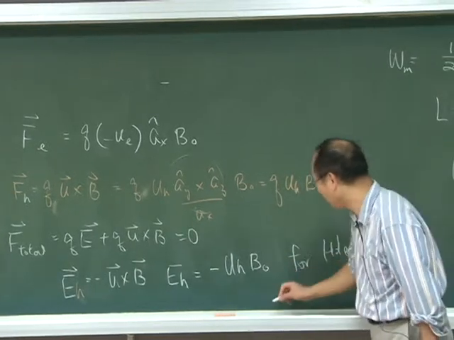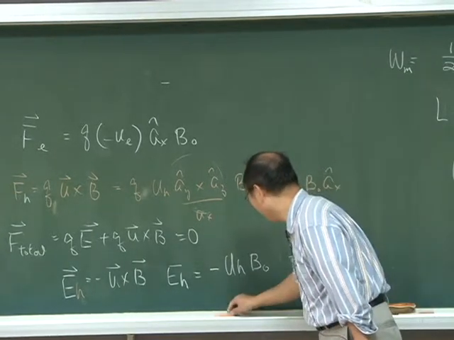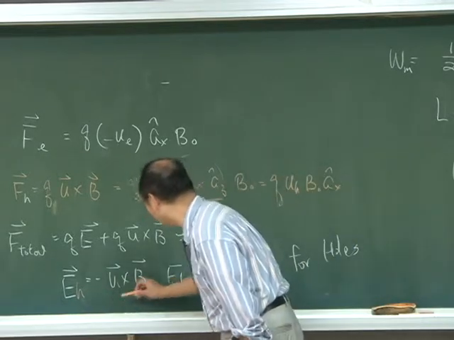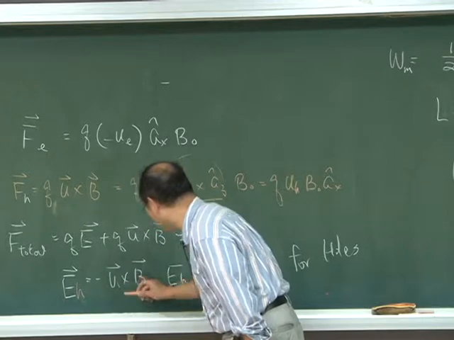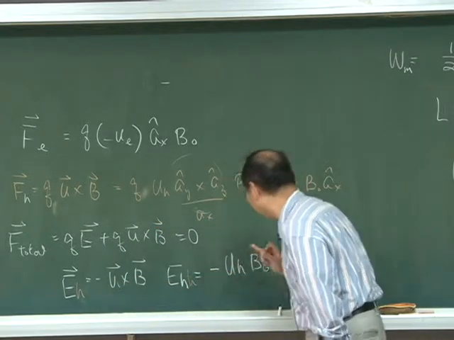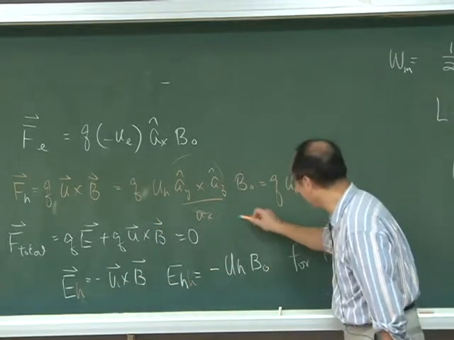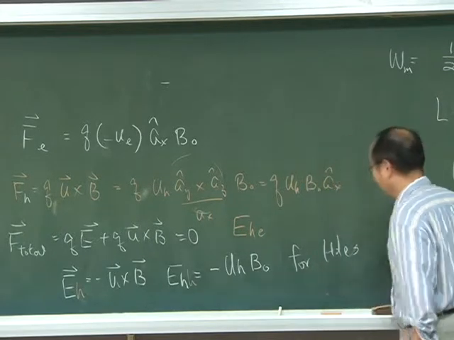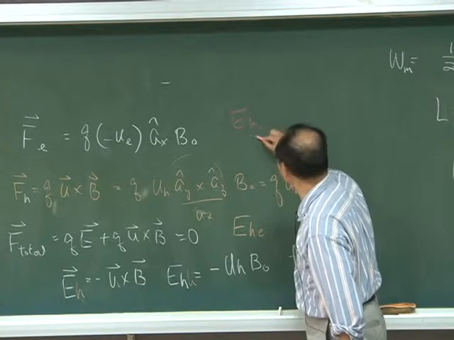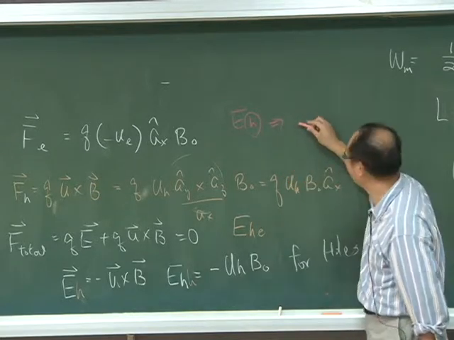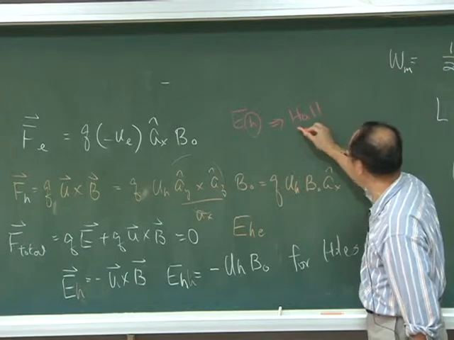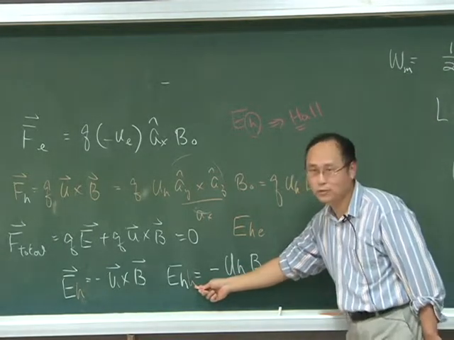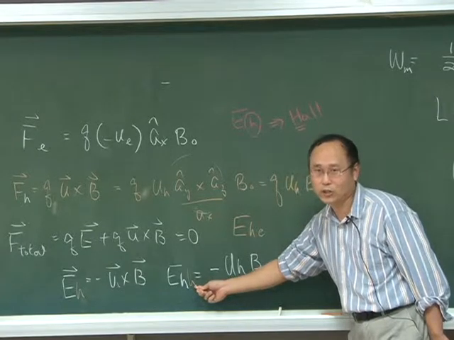So for this Hall field, let's label this as EH for the hole and EE for the electron. This H refers to the H of this person's name. The second label refers to the type of the charge.